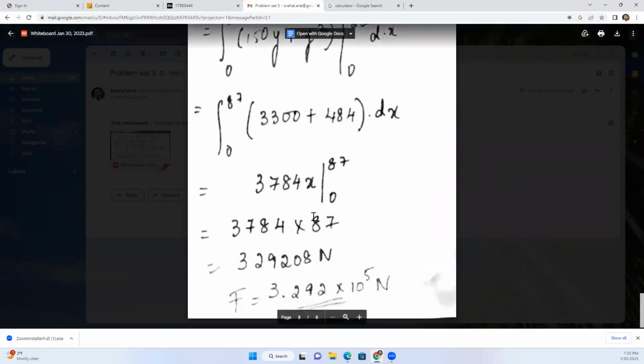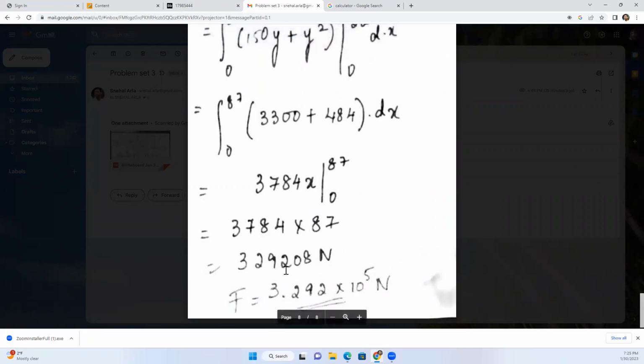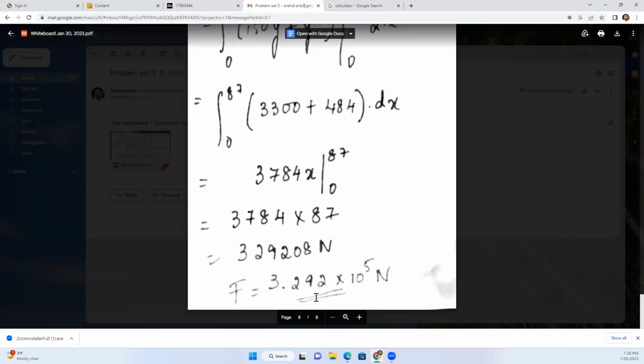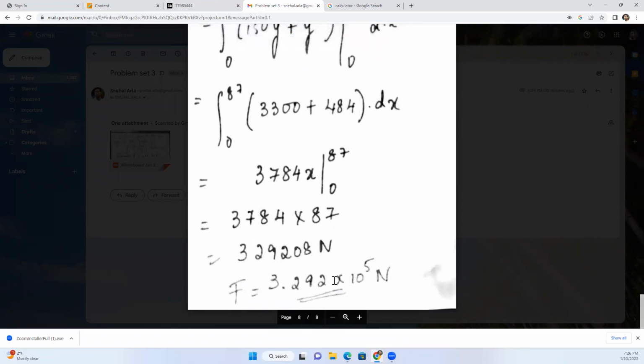Multiplying that with 87, you get 329,208 newtons, which can also be written as 3.29 times 10 to the power 5 newtons.